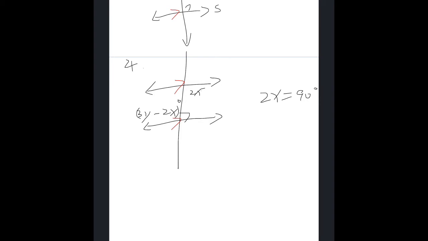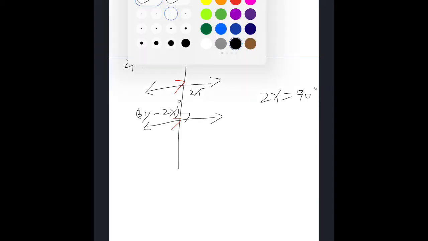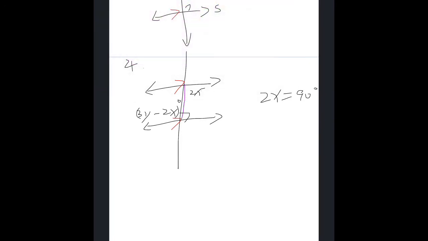Because we know this one must be 180 degrees. So it's 90 degrees in there. So 2x is equal to 90 degrees. x is equal to 45 degrees. So we know x is equal to 45 degrees.